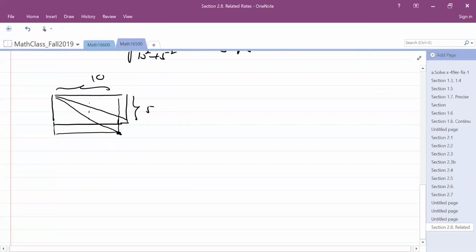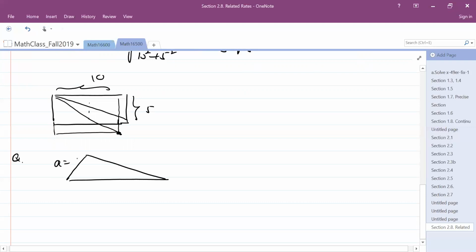All right, so let's take a look at the triangle, because we're familiar with this type of problem. Here we are given the information.